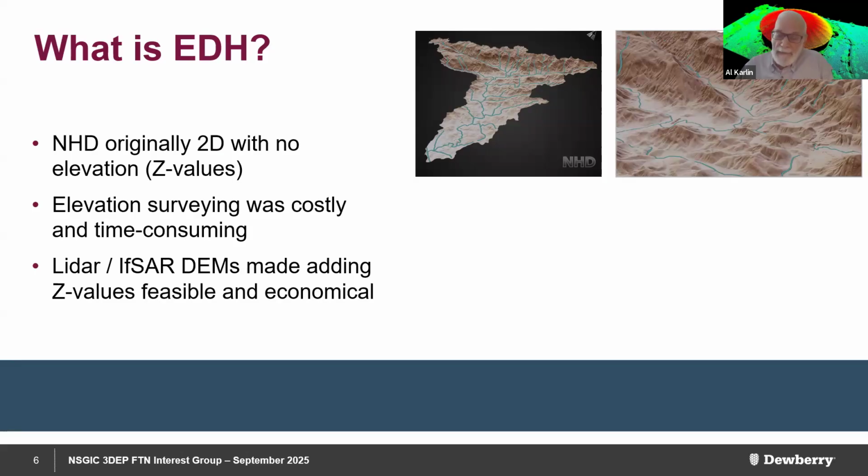Basically everybody knew that we needed 3D geometry, but the cost of elevating those blue lines was really expensive. And at the time, in the early 2000s, we're talking pre-3DEP, so there really weren't very highly detailed elevation models.